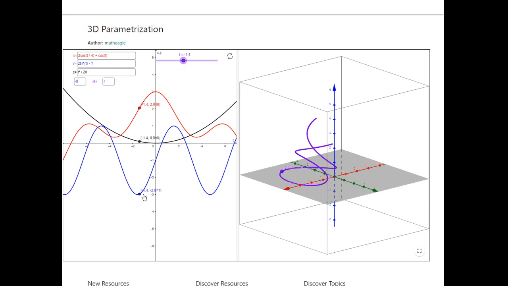-1.4 is T right now, right? Then look at 2.049, that's an X value. Let's go in order. Blue, let's see, so -2.9, that's a Y value, and then 0.09, that's a Z value.